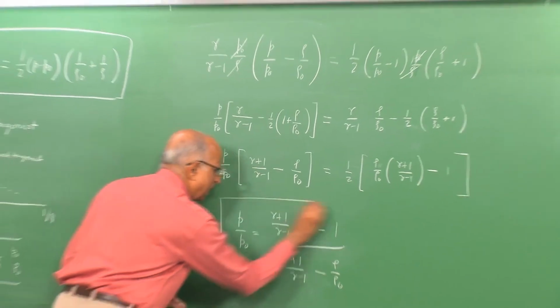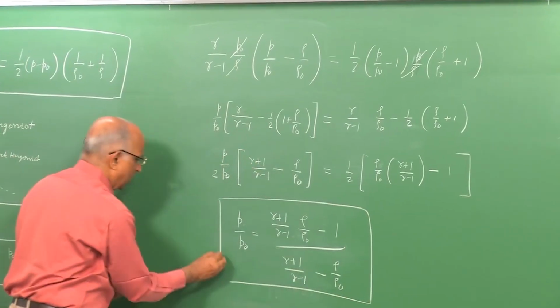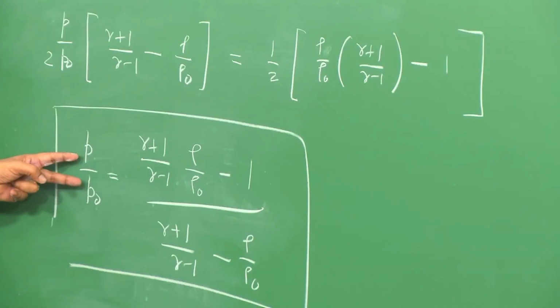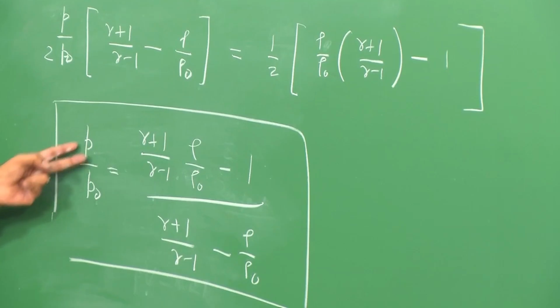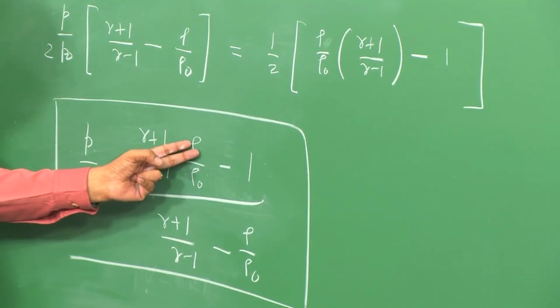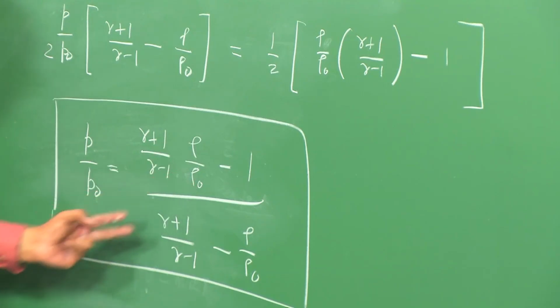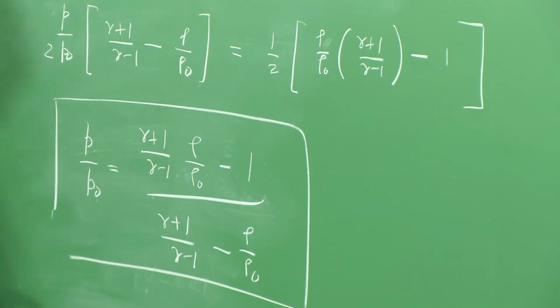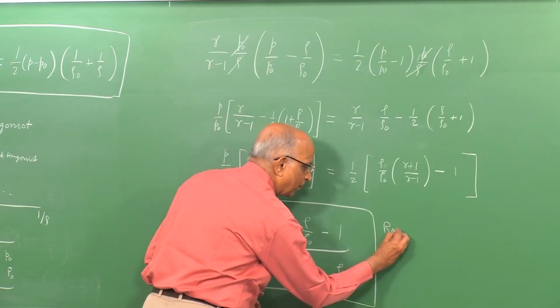And this becomes an explicit relation which relates the pressure ratio, that is the pressure behind the shock with the pressure ahead of the shock, in terms of the density behind the shock divided by the density ahead, and this equation is known as the Rankine-Hugoniot equation.